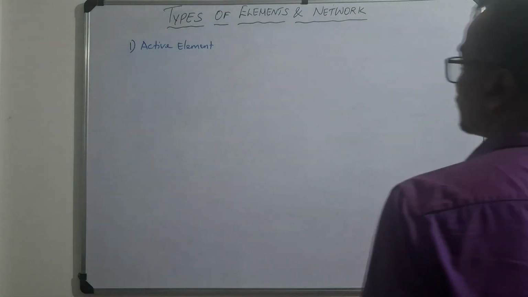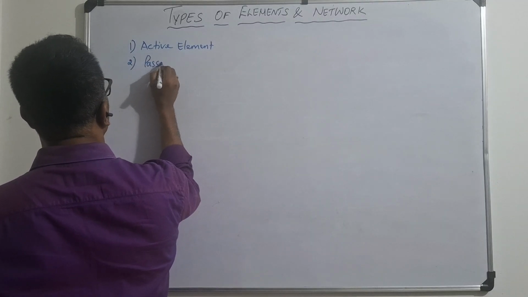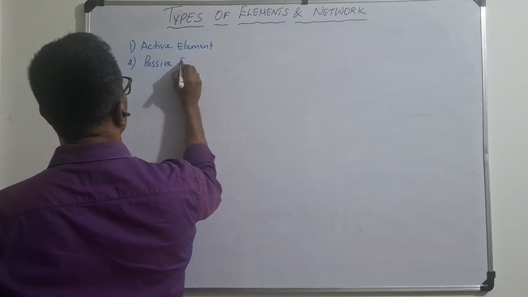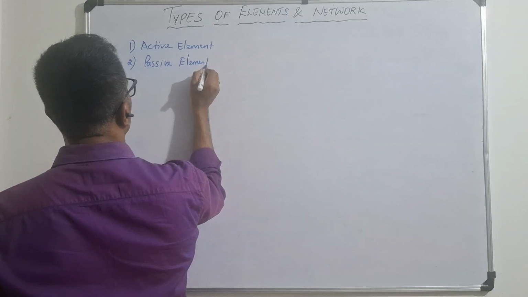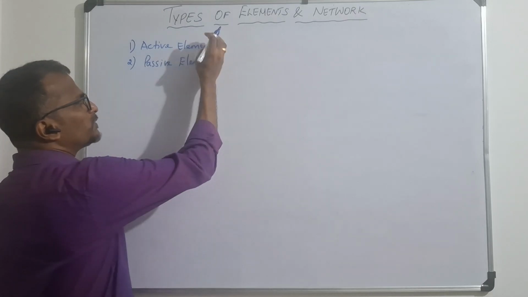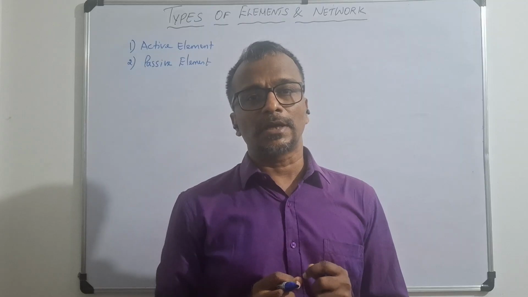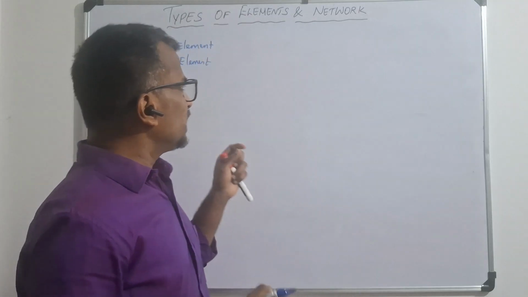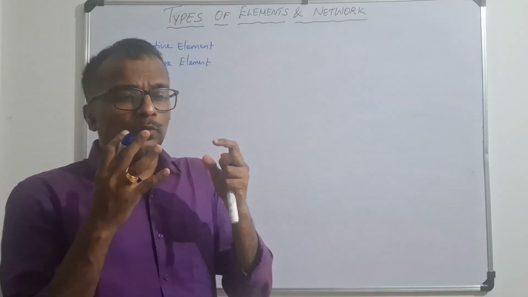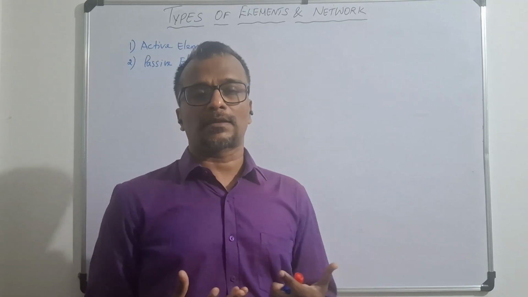So, what is meant by active? First, let's see what is meant by active element. Just understand the concept first. In any circuit, one element will give the energy to the circuit.